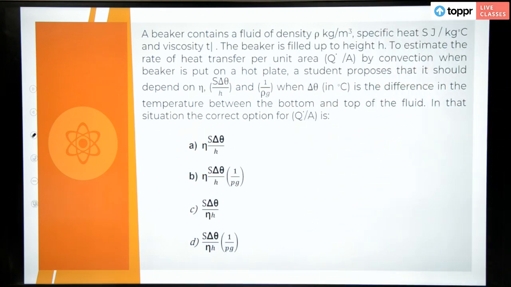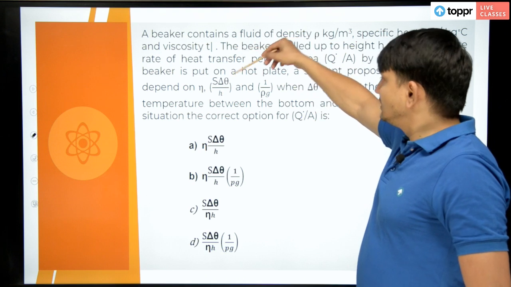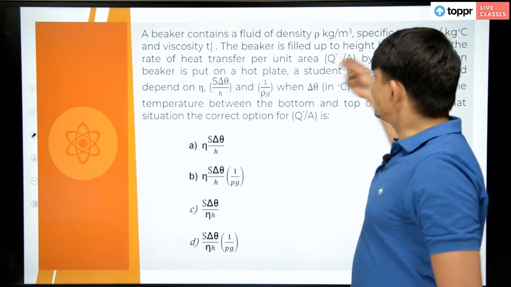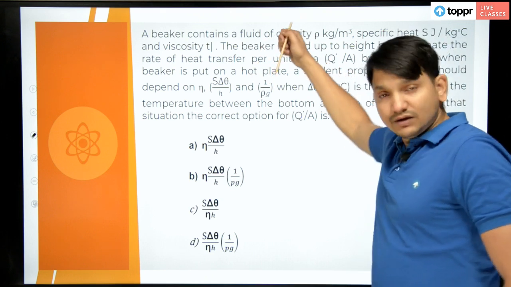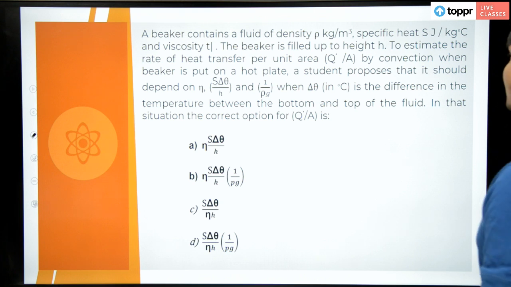The beaker is filled up to height h. To estimate the rate of heat transfer per unit area, that is total heat divided by area, by convection, when the beaker is put on a hot plate, a student proposes that it should depend on eta and the quantity S delta theta by h, where delta theta is the change in temperature, S is the specific heat, and 1 by rho g, where rho is the density of the liquid and g is acceleration due to gravity.